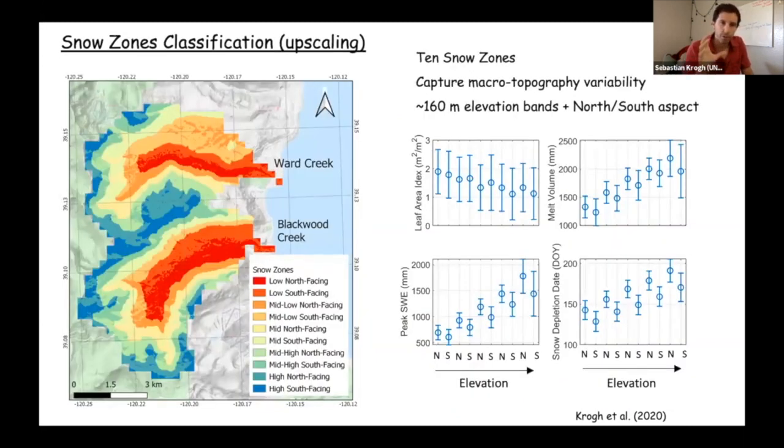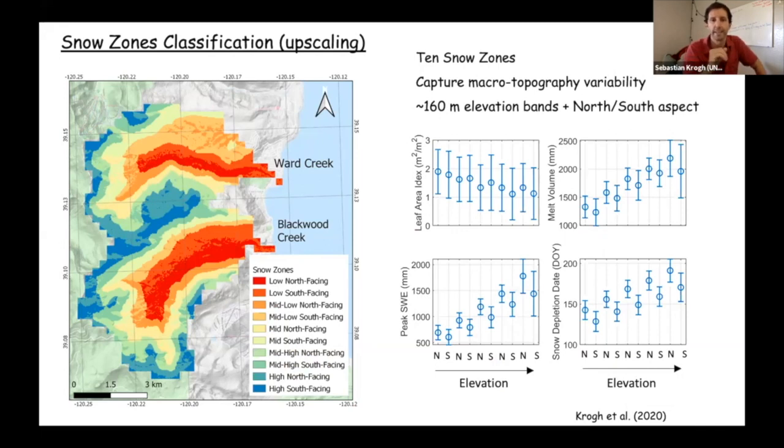So we have these two relatively large watersheds. And we defined a spatial classification that we call snow zones, and it's basically an elevation classification plus an aspect classification. So we go from low to high elevation into 5 different classes, and then from north to south facing aspects.